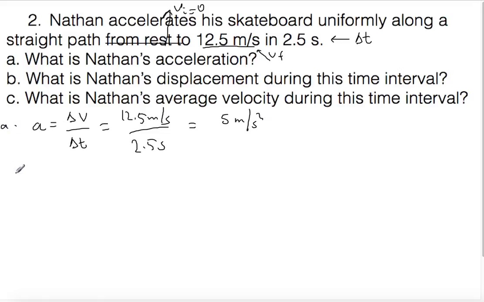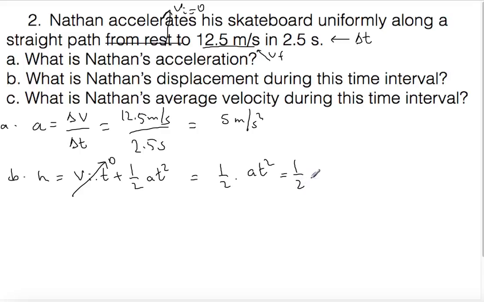This is part A. B. What is Newton's displacement during this time interval? As you remember, there is change in time and displacement. We can use initial velocity times time plus, here it is plus, 1 over 2 a t squared. But the initial velocity is 0, so it equals 1 over 2 acceleration times time squared.